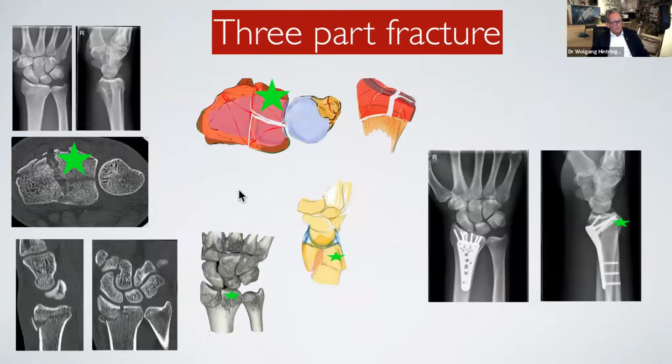Three-part fracture, we were talking about it previously. It is per definition a non-key type fracture, but I can say it is a three key type fracture. That means if you can stabilize all these three parts of this three-part fracture with one plate, you get a stable situation.